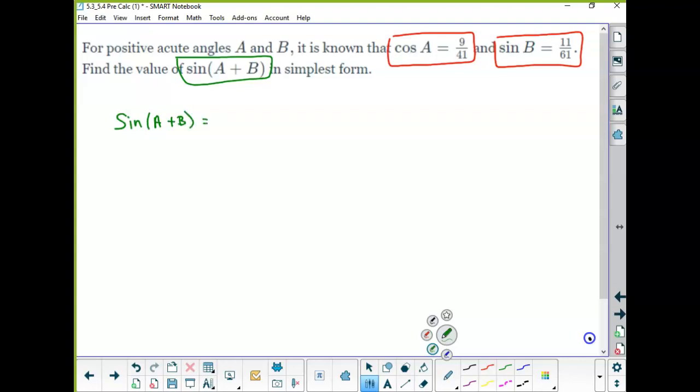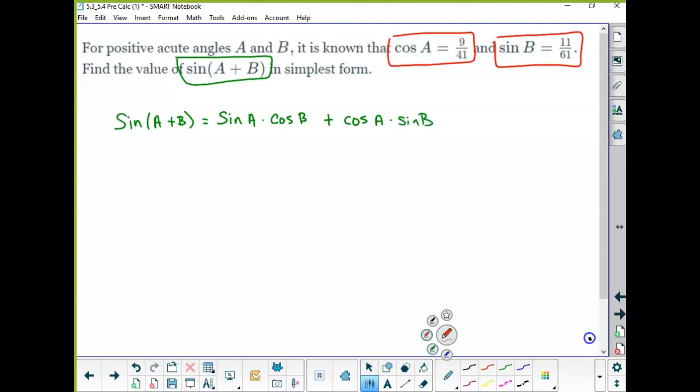And this is the link that I sent you. And I'm going to look for the one that has sine plus the two angles. So on our paper, it's sine of U plus V. Well, that relationship is sine of A times cosine of B plus cosine of A times sine of B.